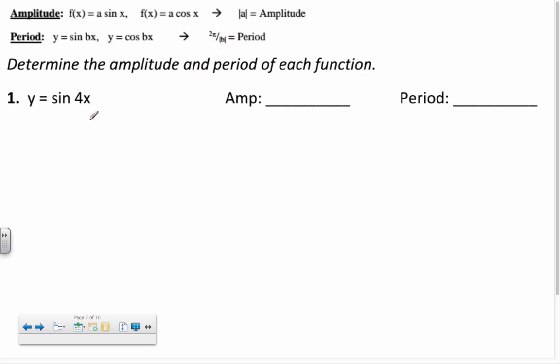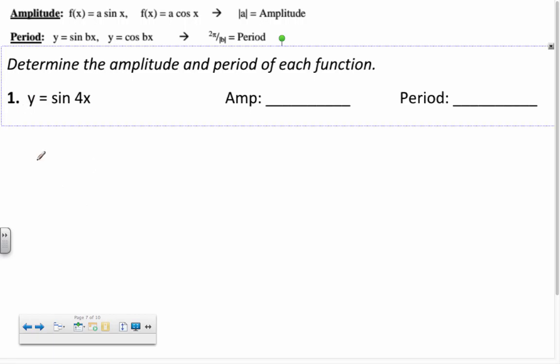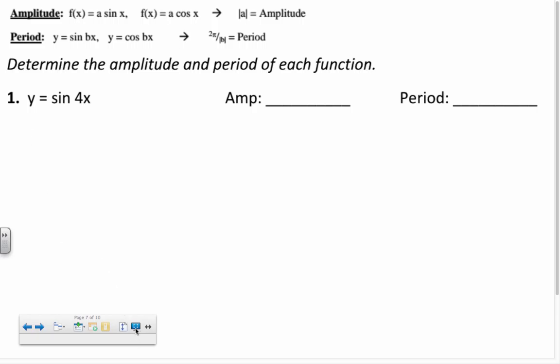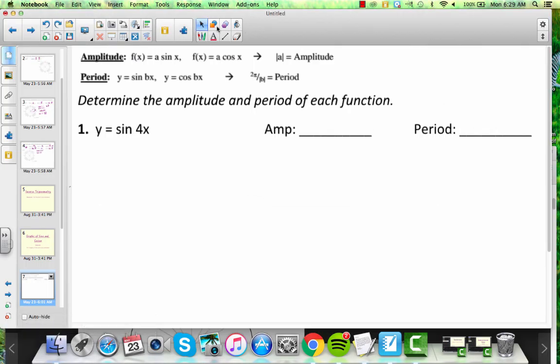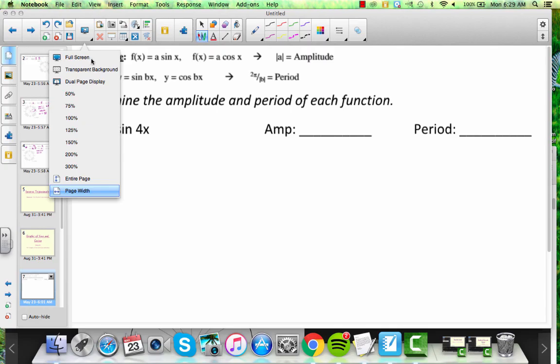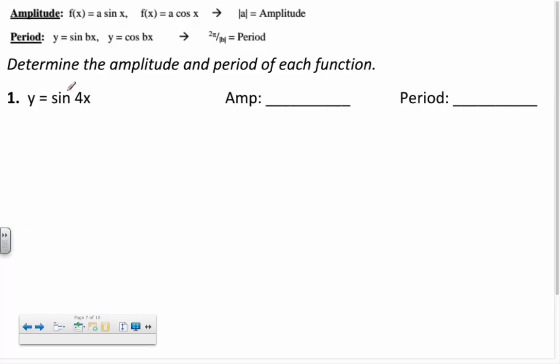So let's go ahead and determine the period and amplitude of this function. If I write this out and think about the general form of a sine function, I have y equals a sine of bx. So here my a is 1 and my b is 4.